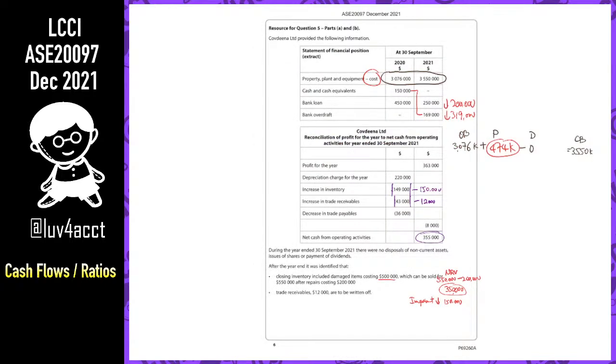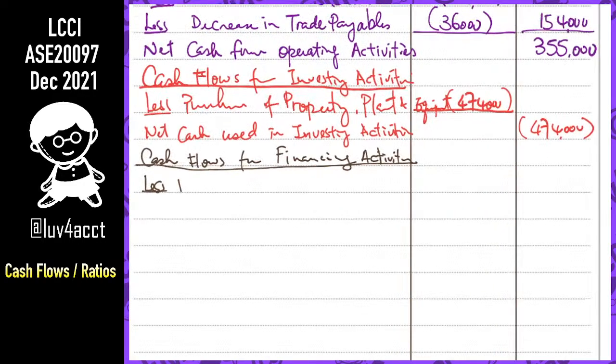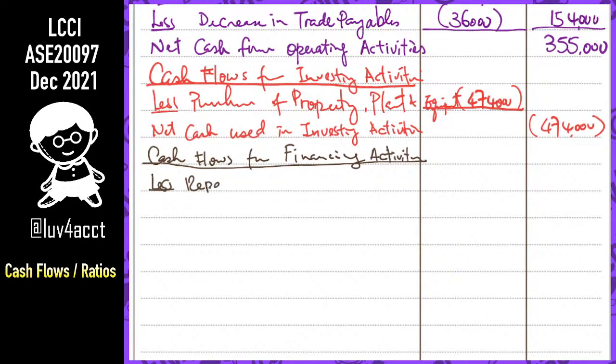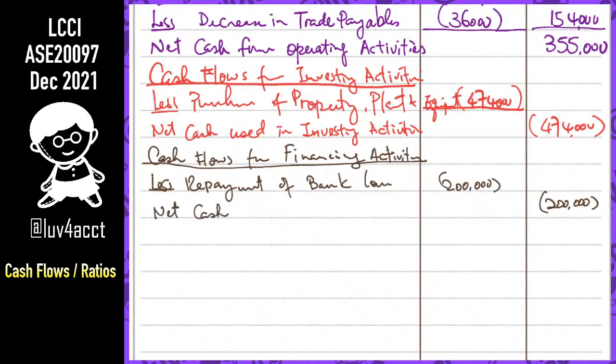It is bank loan. Okay. Repayment of bank loan. Okay, 20,000 and 200,000. So you don't have any issue of shares or dividend paid. Okay, so no more in financing.